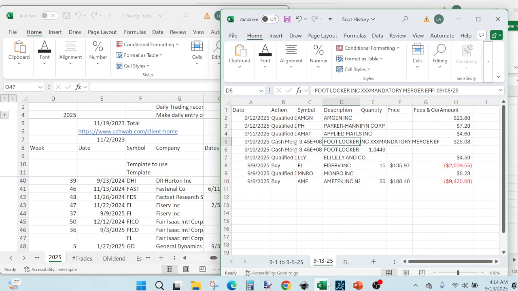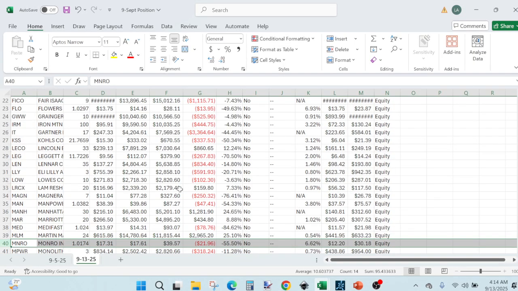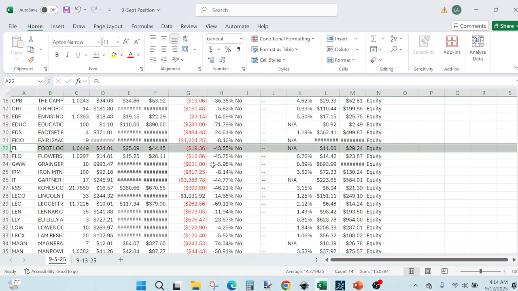No, it's not the one I will be looking at. So FL was still in the account, and they gave us about that amount or so. So I'm just going to use 913 for it.